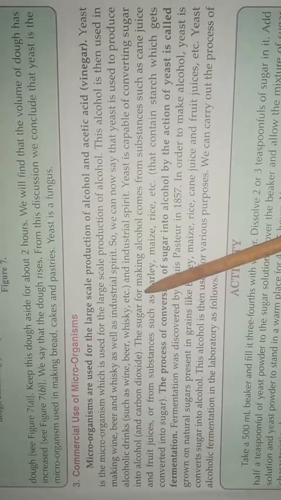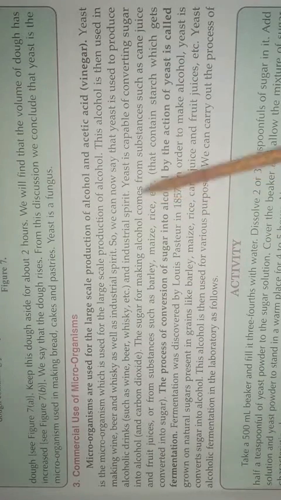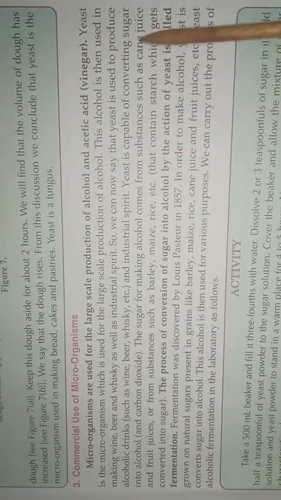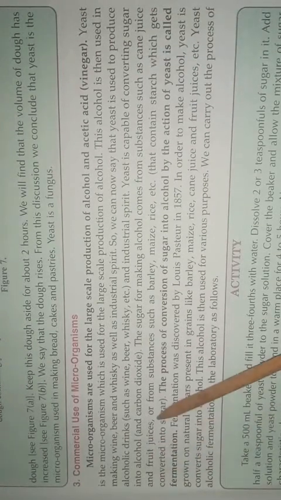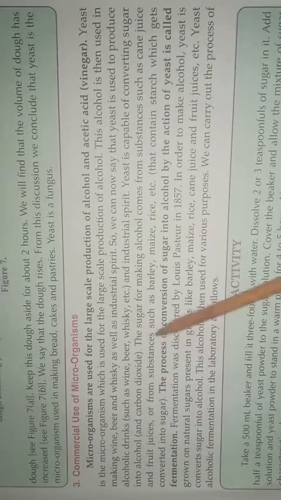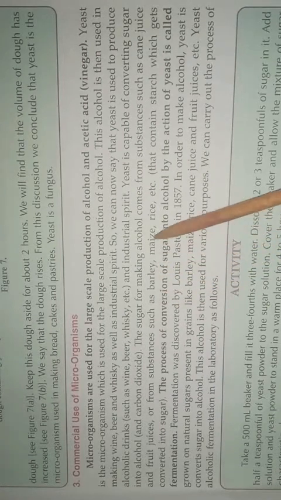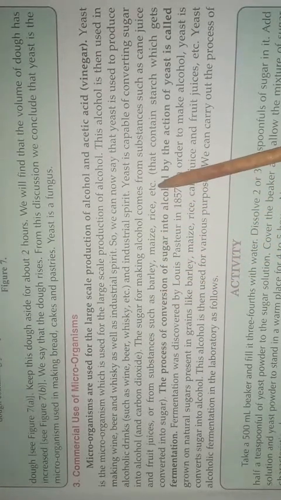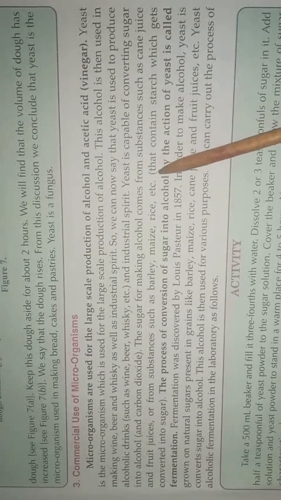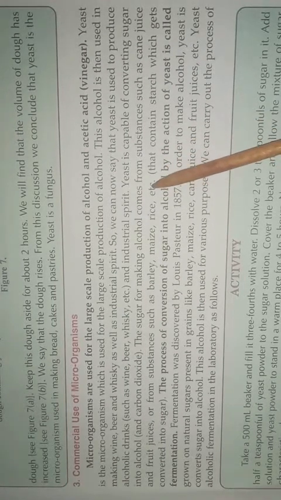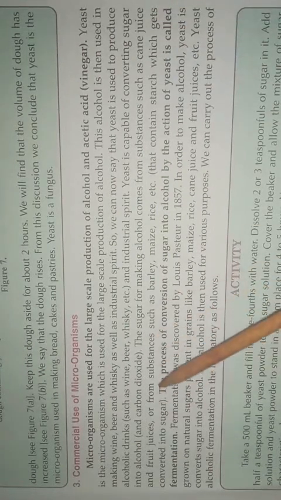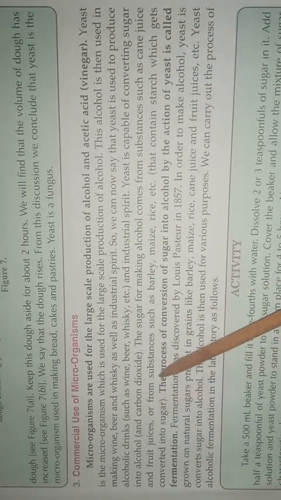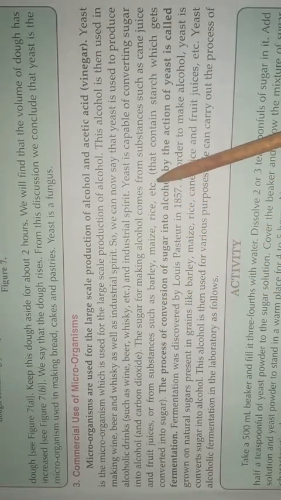The sugar for making alcohol comes from substances such as cane juice and fruit juice, or from substances such as barley, maize, rice, etc. It means the sugar for making alcohol comes from cane juice such as sugar cane, fruit juice, or some substances such as barley, maize, rice, etc.